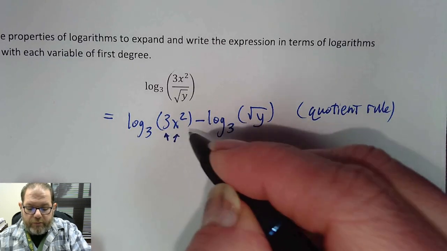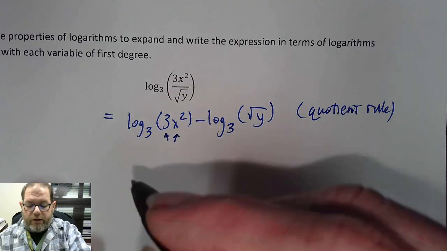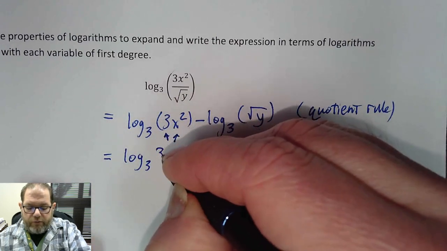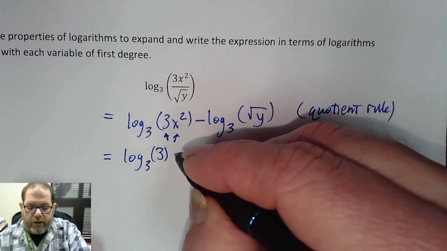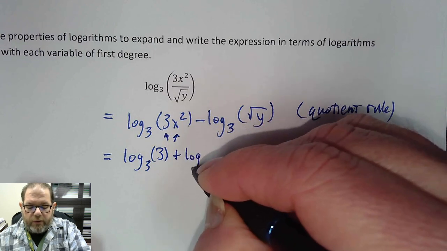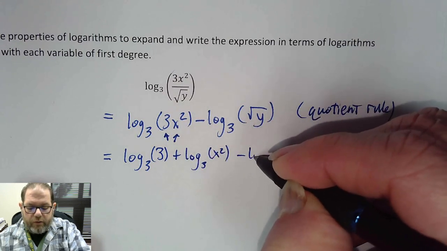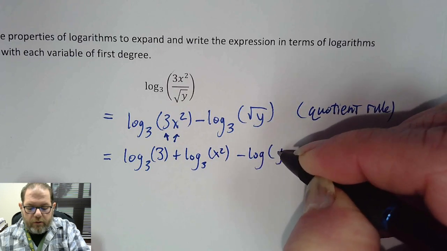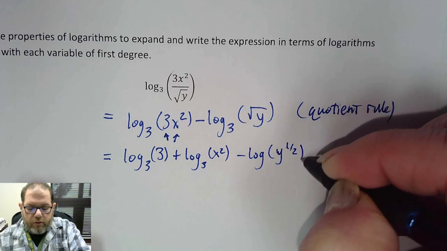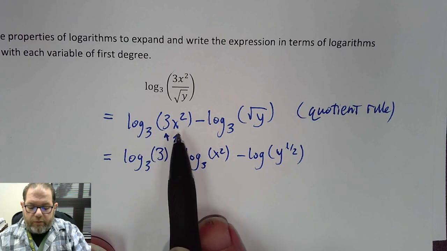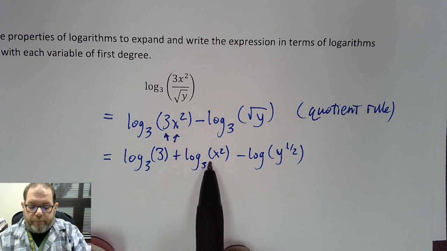Next thing is we have a product here. We have 3 multiplying x squared. So using our product rule, we take the log of the first term there, 3, plus the log of the second term. So we take the log of 3 plus the log of x squared.